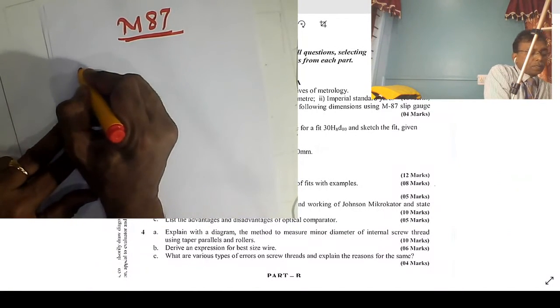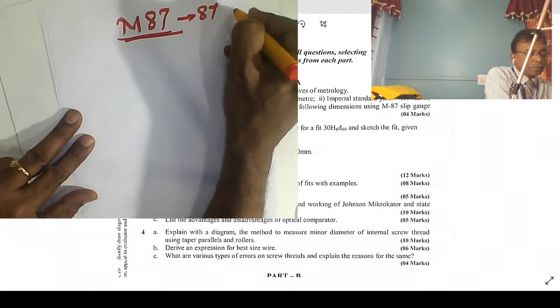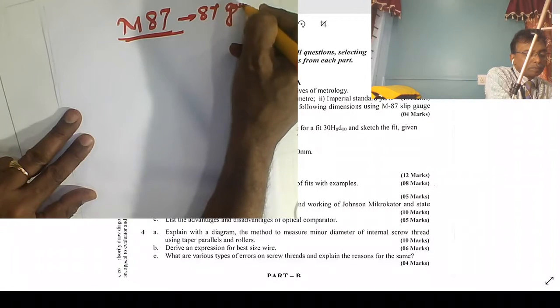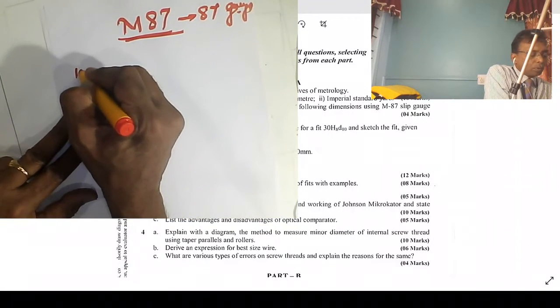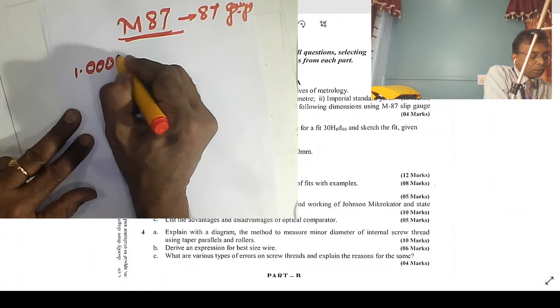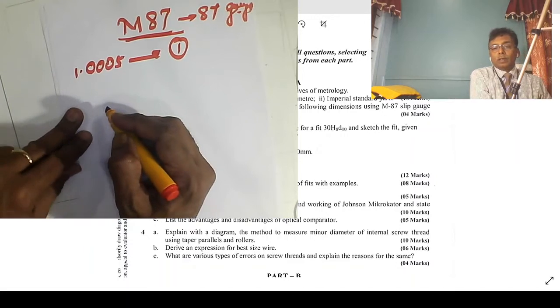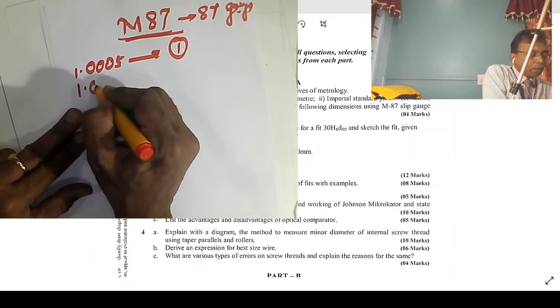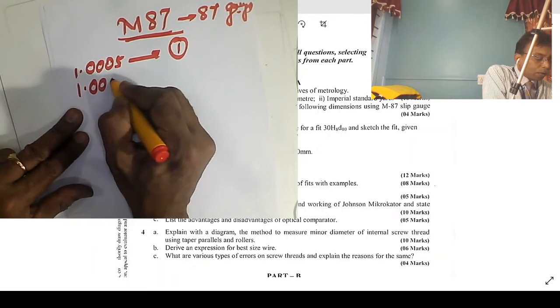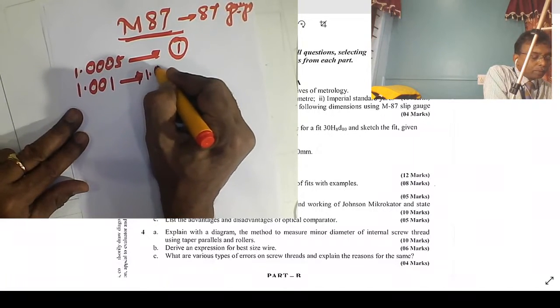Okay, M87 set. M87 consists of these parameters, that is, range. There are 87 slip gauges. Starting from the last one, 1.0005 is one number. Next, we have 1.001 to 1.009.